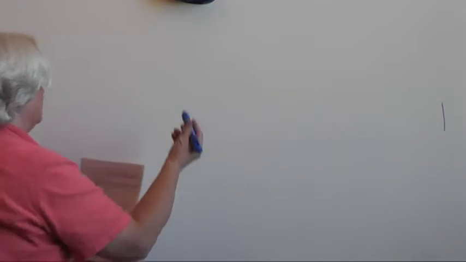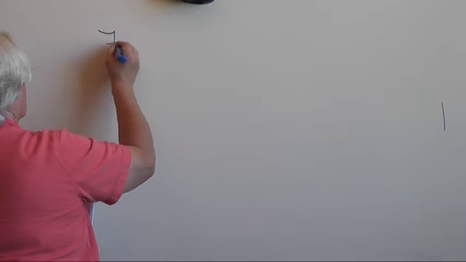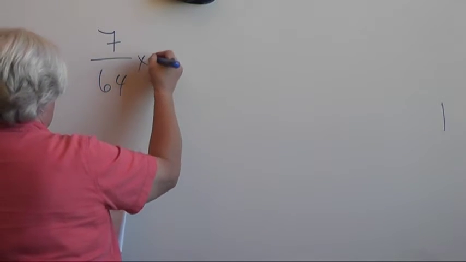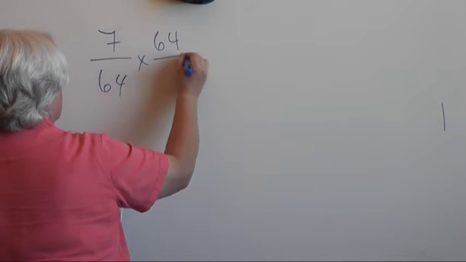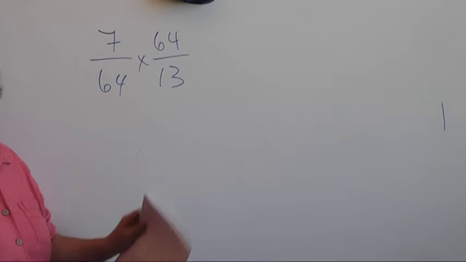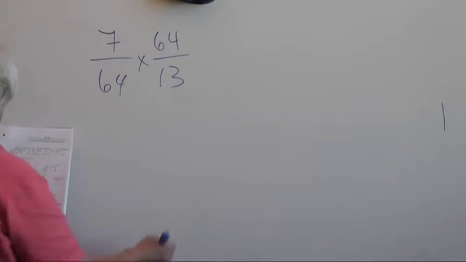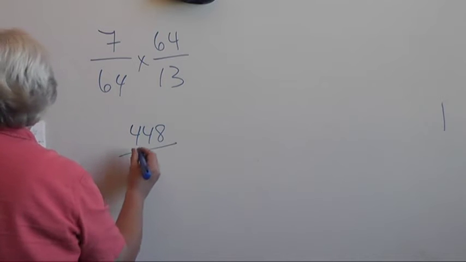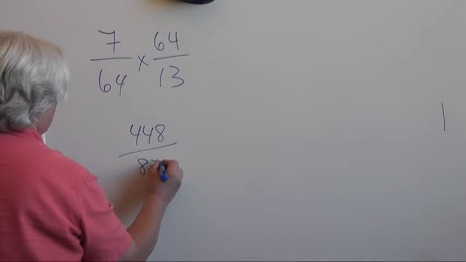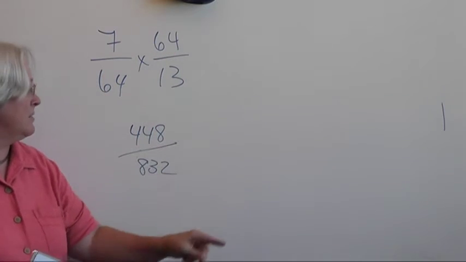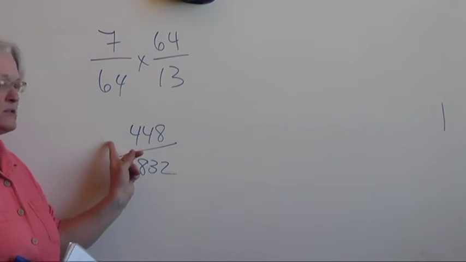For example, if you had 7/64 times 64 over 13, you could go ahead and do this multiplication out. Multiply the numerators together, multiply the denominators together, and you would come up with 448 over 832, this ugly number.